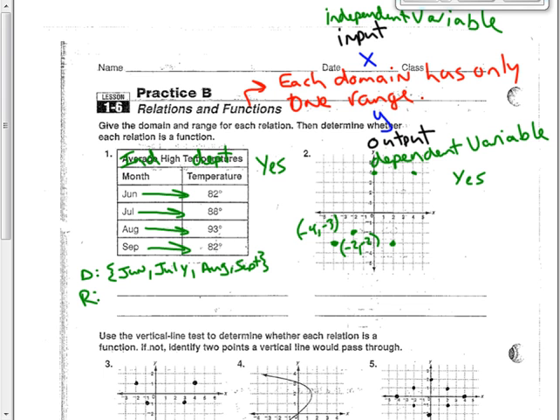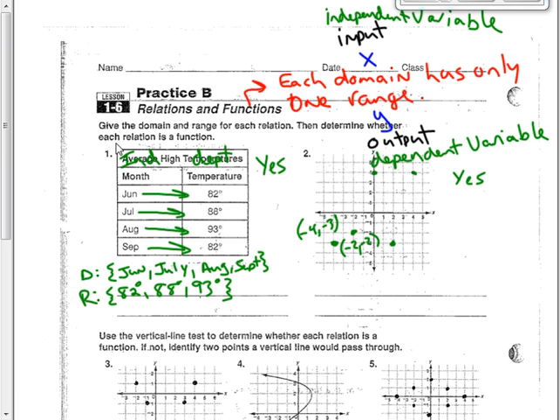And the range is the same thing as the y's, the outputs, the dependent variables, which is the 82 degrees, the 88 degrees, the 93 degrees, and then 82 degrees again, but I don't have to repeat it, so I can stop at 93 degrees there.